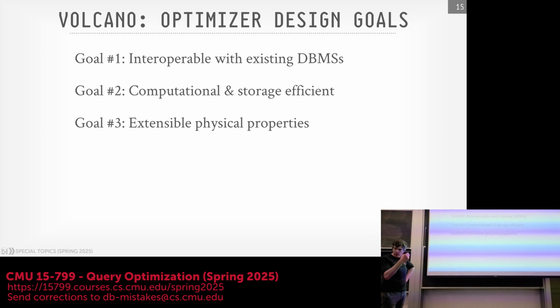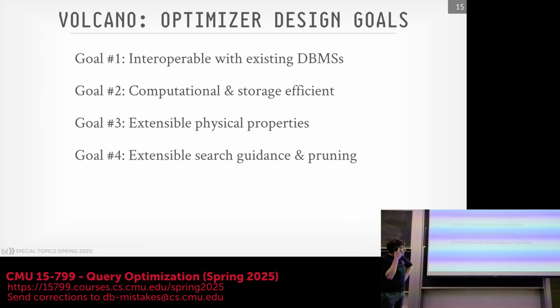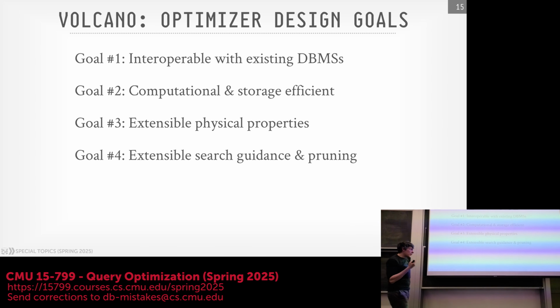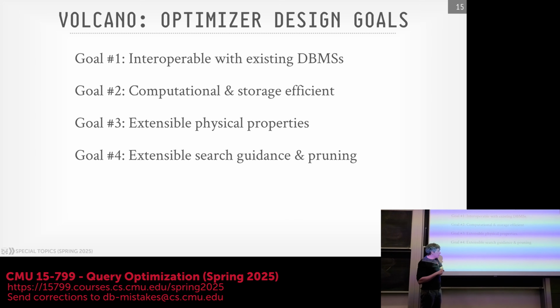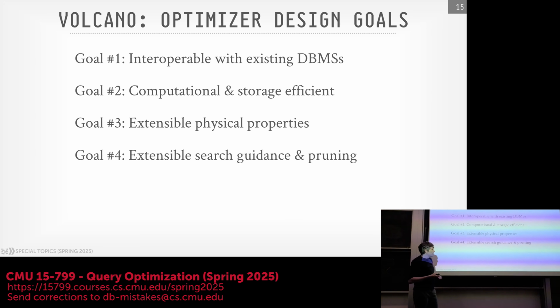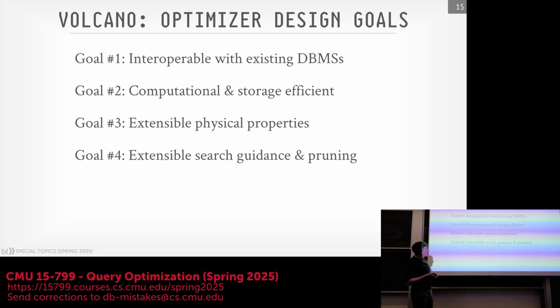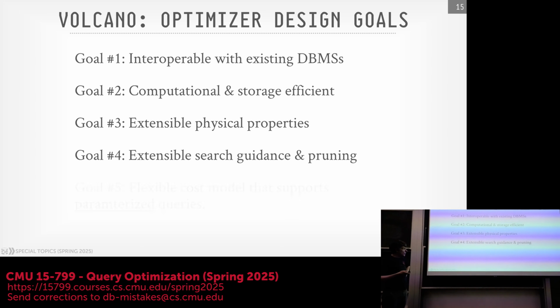You want to be able to specify these things more easily and support them as first-class properties. They also want to allow you to rewrite the search and figure out how to prune the branches as you're doing the traversal. That one I don't think ever happened. I don't think they ever went beyond the depth first search algorithm that they implemented. The paper talks about how it'd be nice if we can do this in the future.